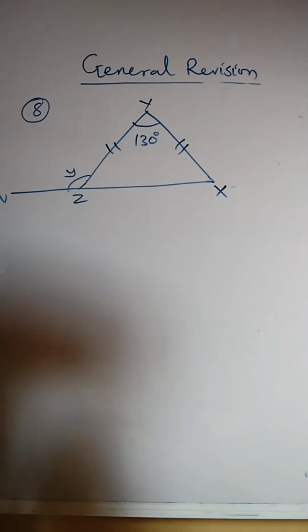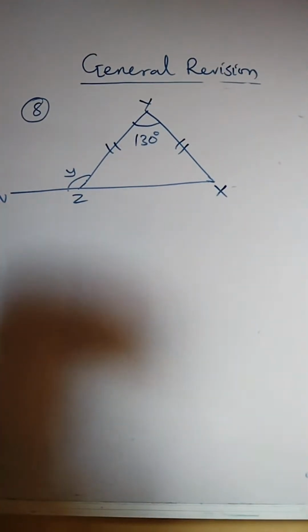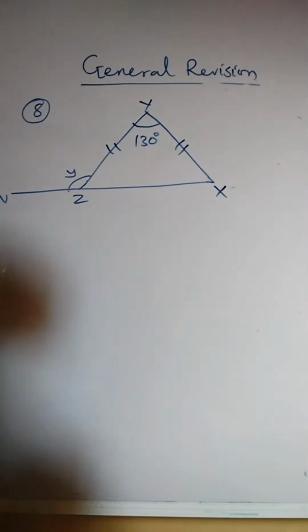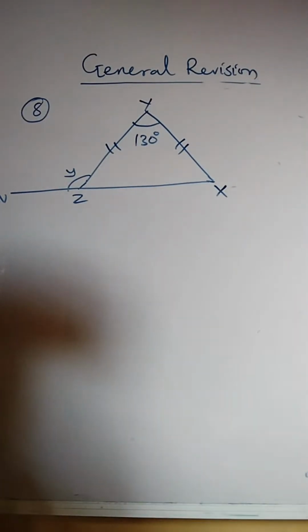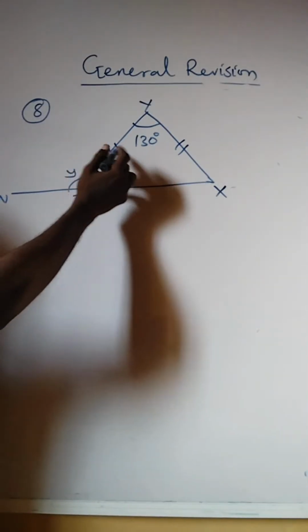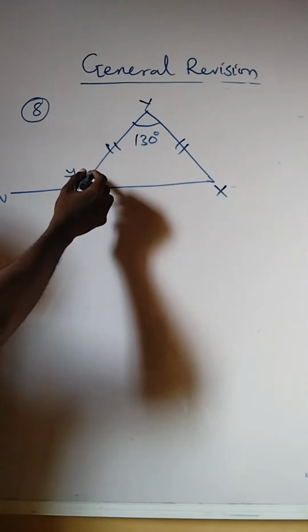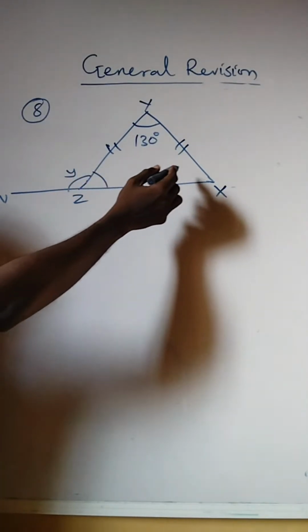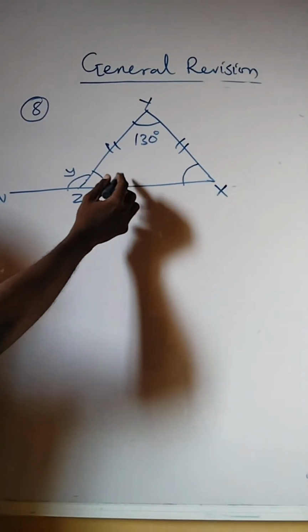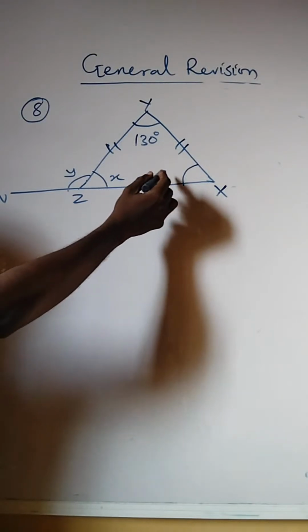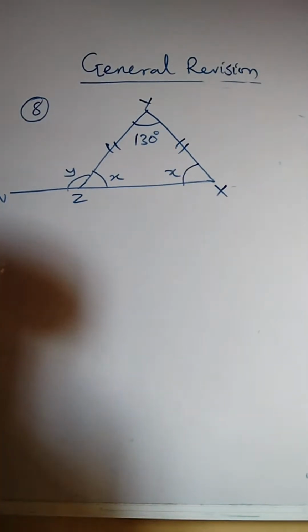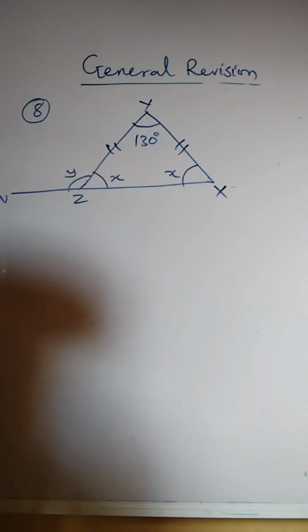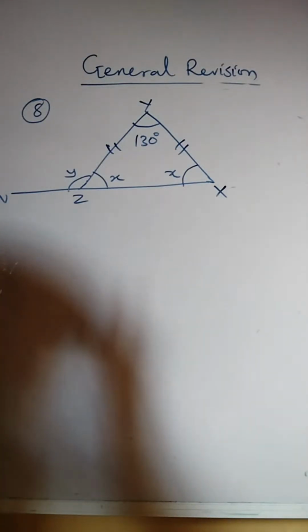So find the value of this angle, small letter y. Now, when you look at this, the triangle XYZ is an isosceles triangle, and two sides are equal. The base angles will be equal. So we can call this small letter x, and this will also be small letter x. So let's find the small letter x.